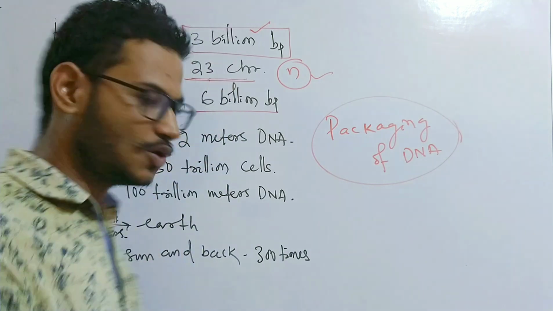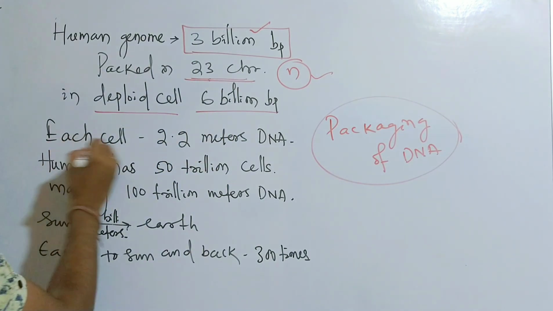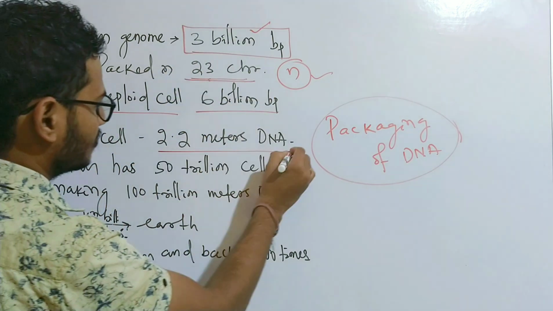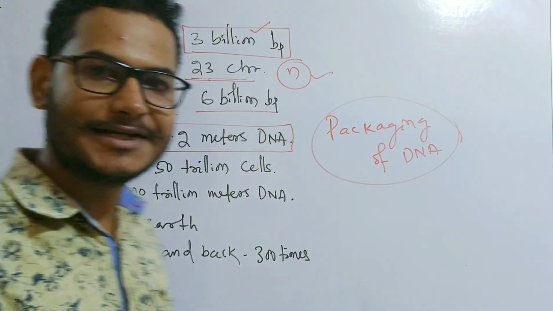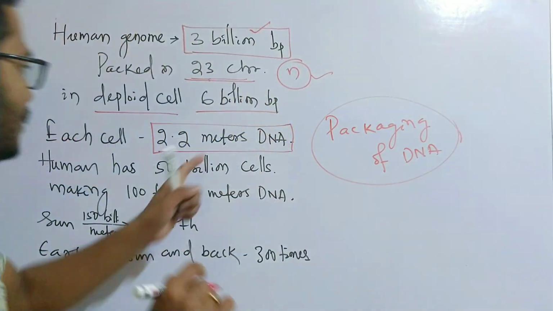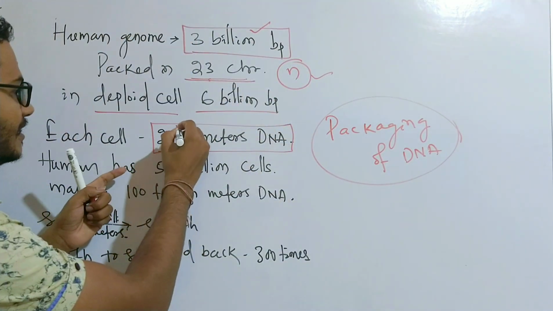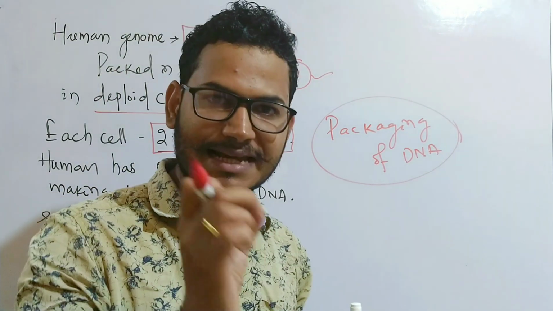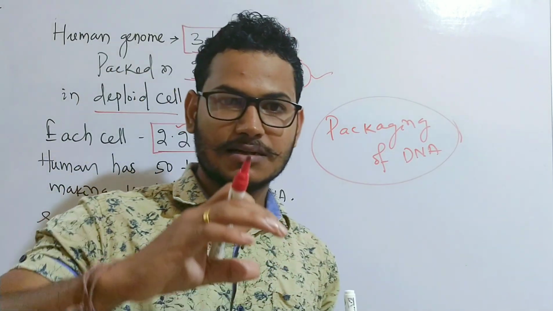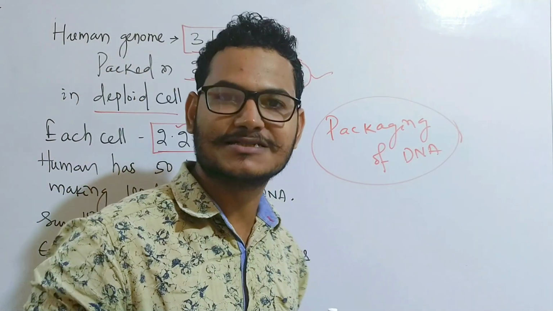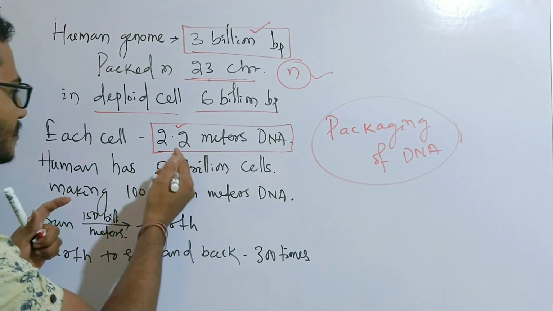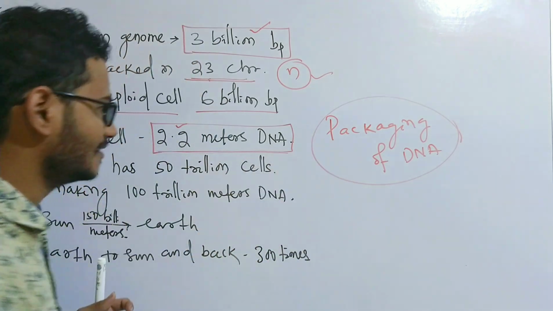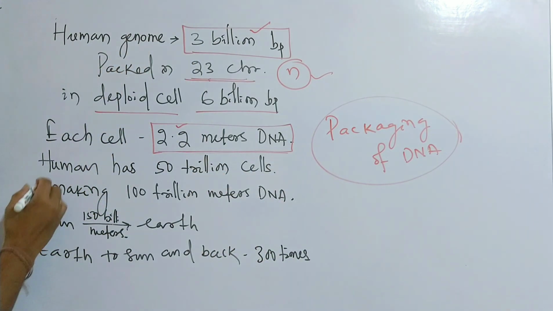Calculating from this, each cell will have 2.2 meters of DNA. So the length of DNA in a single cell is 2.2 meters. Clear? So 2.2 meters of DNA is present, arranged in a very teeny nucleus. We need to know how such a long structure is arranged inside a teeny nucleus.